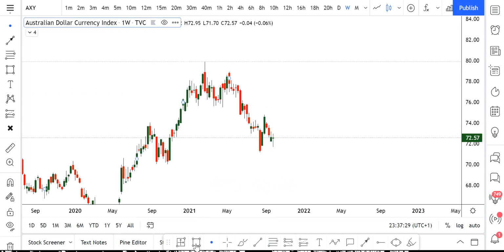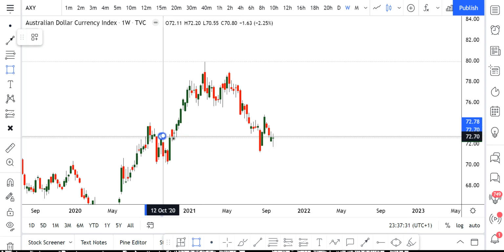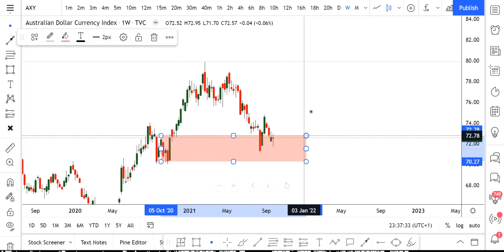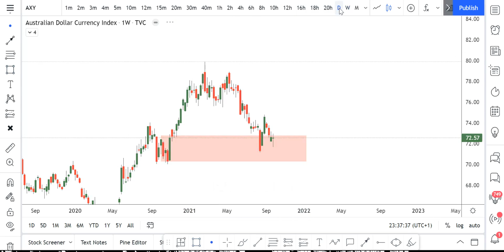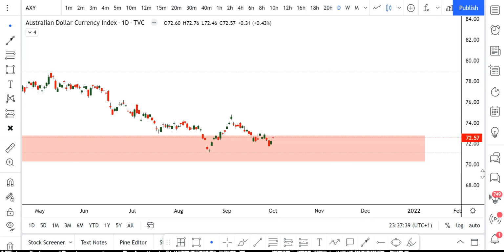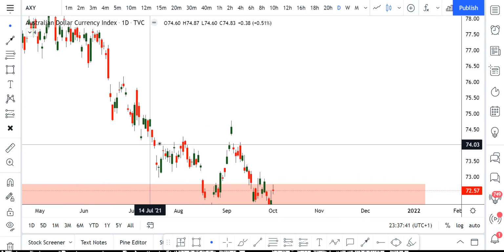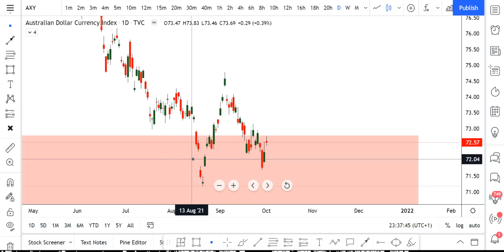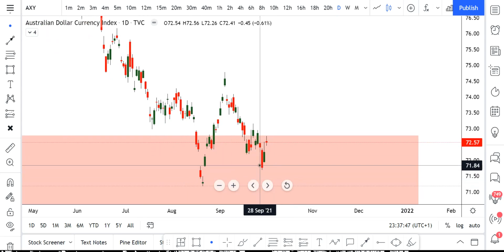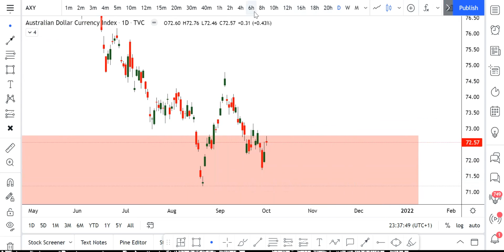We have supply zone, we have demand zone, I mean to say, at this particular point. So from here, we expect a movement to the upside for the AUD. Now, at this place, we will see that there's a break in market structure. So if we tap into this particular demand zone, we expect a movement to the upside.